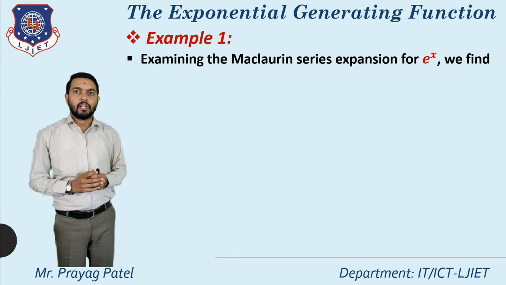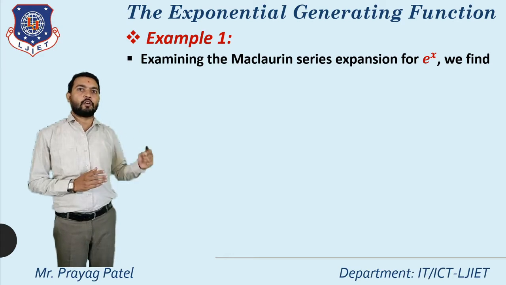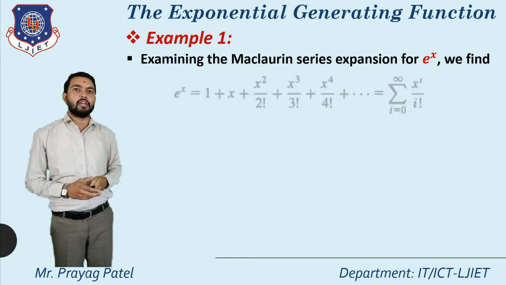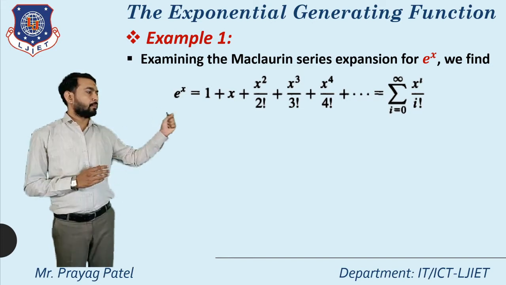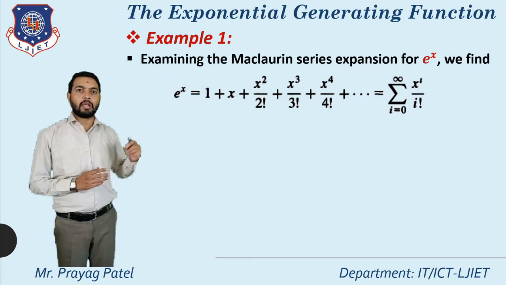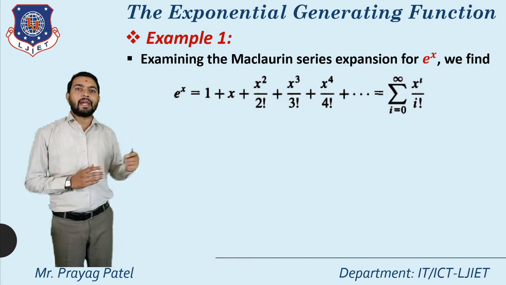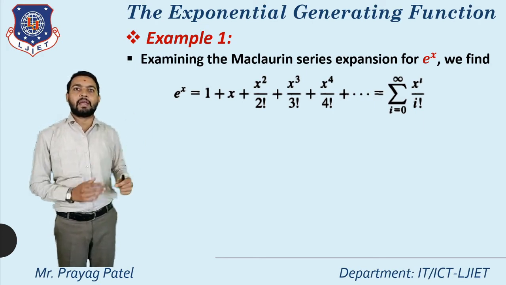Now consider an example for understanding the exponential function. Example number 1. Examining the Maclaurin series expansion for e raised to x. We already know the series e raised to x equals 1 plus x plus x square by 2 factorial plus x cube by 3 factorial plus x4 by 4 factorial, like this. So we commonly write this equation as sigma i equal to 0 to infinity x to the i divided by i factorial.